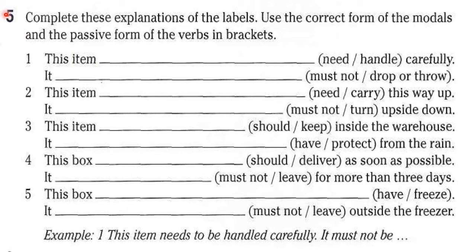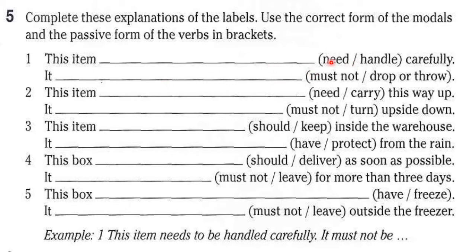Now, the last exercise is exercise number 5. Complete these explanations of the labels. Use the correct form of the modals and the passive form of the verbs in brackets. I will give you number 1 as an example. This item need handle carefully. Now, need here is the modal and handle is the main verb. Now, we need to put this verb in the passive.